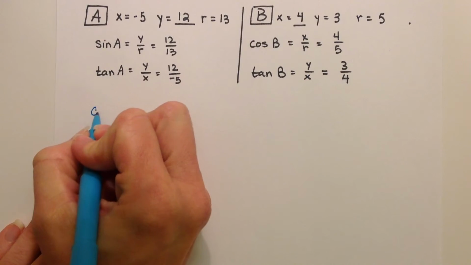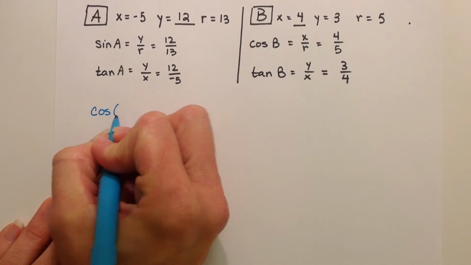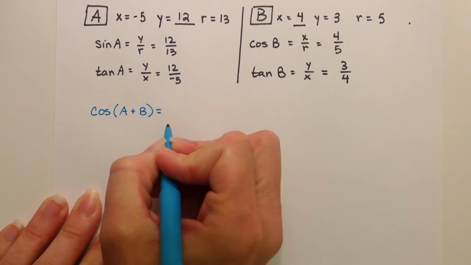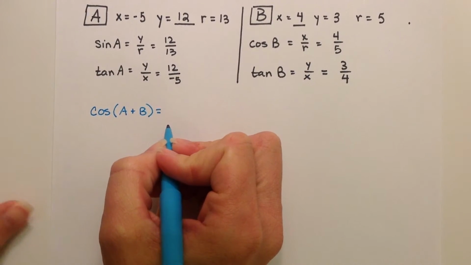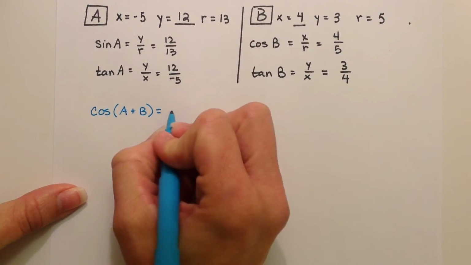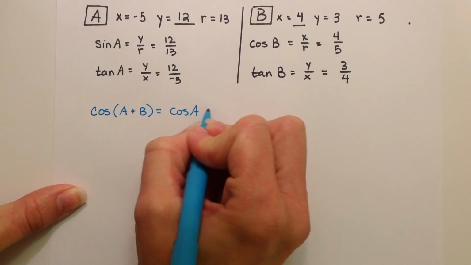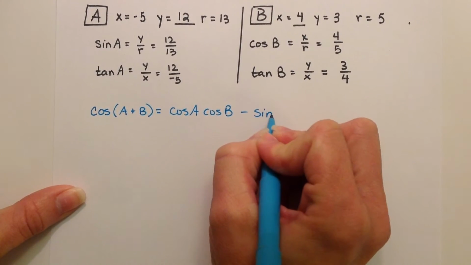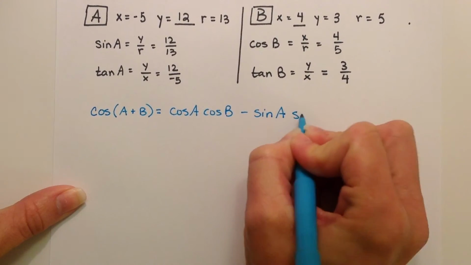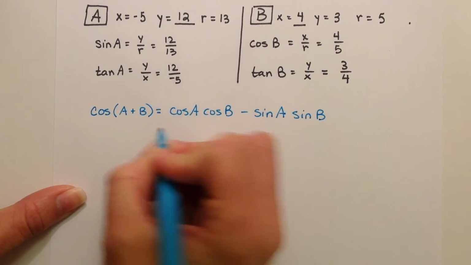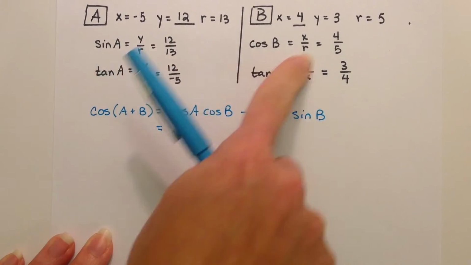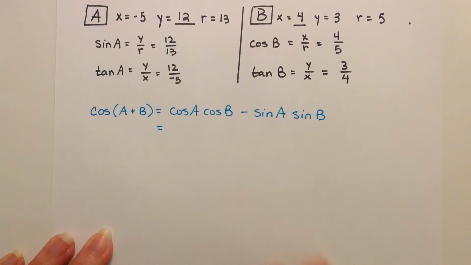Okay, so cosine of A plus B. I'm just going to write down my identity straight off the notes. And now you're going to pull the values that you have found here, or either one of those that was back at the top.